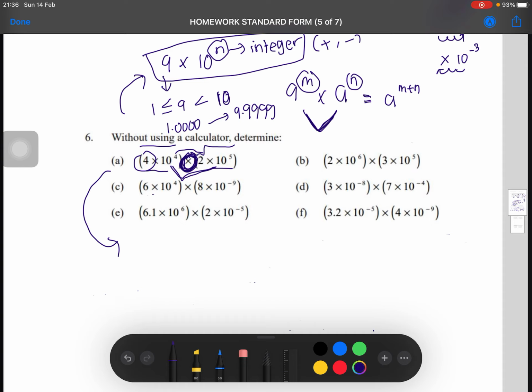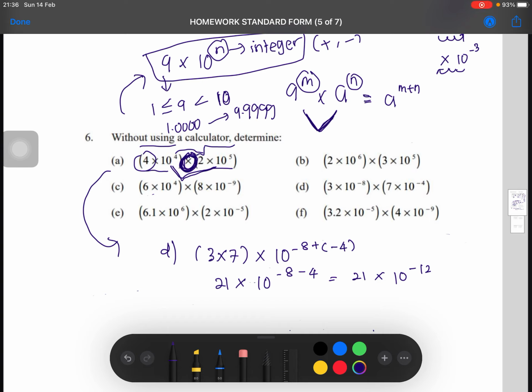Question D. Same way, 3 times 7 times 10 to the power of negative 8 plus minus 4. Then we have 21 times 10 to the power of negative 8 plus minus becomes minus 4, 21 times 10 to the power of negative 12. Is it in standard form?